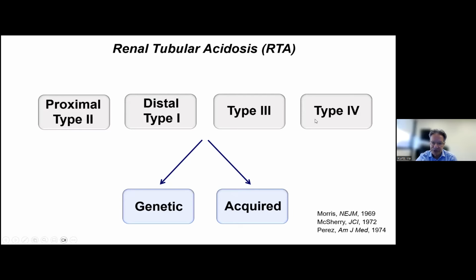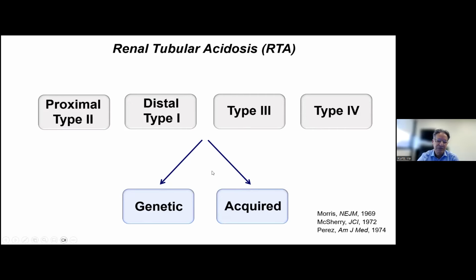So type 4 is again a distal RTA, but it's distinguished from these other RTAs in that they tend to be hypokalemic. And we'll talk about the mechanism for the hypokalemia too, which is still not well understood. It's one of the items in nephrology that have not been worked out. Why these patients with distal RTA are hypokalemic is a very complicated answer, and nobody knows why, in all honesty.